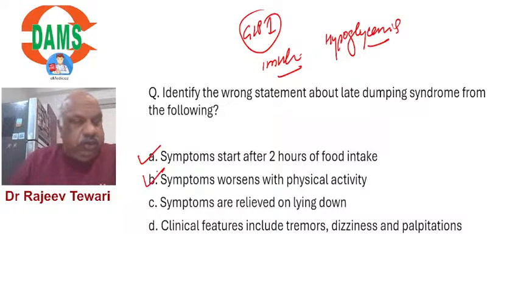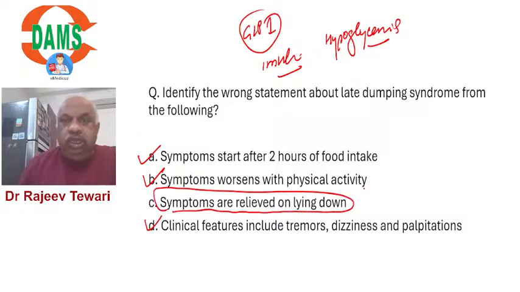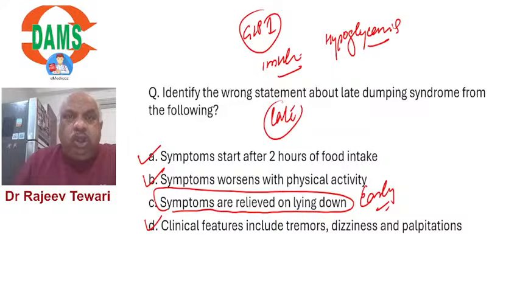This is right. Clinical features include tremor. These are features of hypoglycemia. This is right. Symptoms are relieved by lying down. This is wrong. Early dumping syndrome is relieved by lying down. This is late dumping syndrome, which is relieved by sugar or food. So this is the wrong statement. And this is a repeat question. Fortunately, I used this question also in one of the grand tests this year only. Same question.